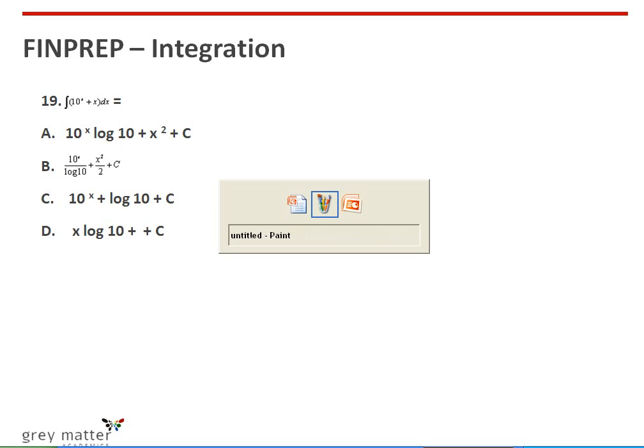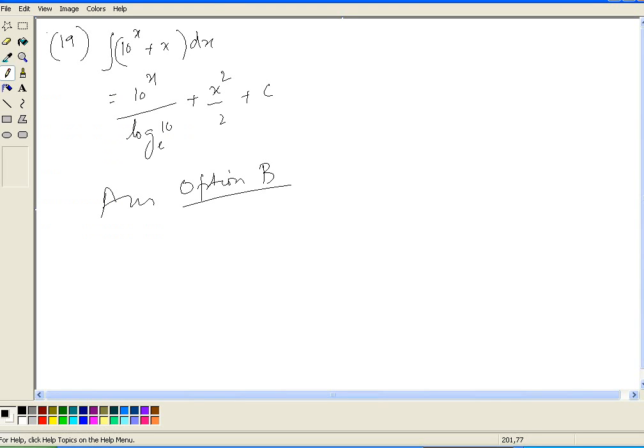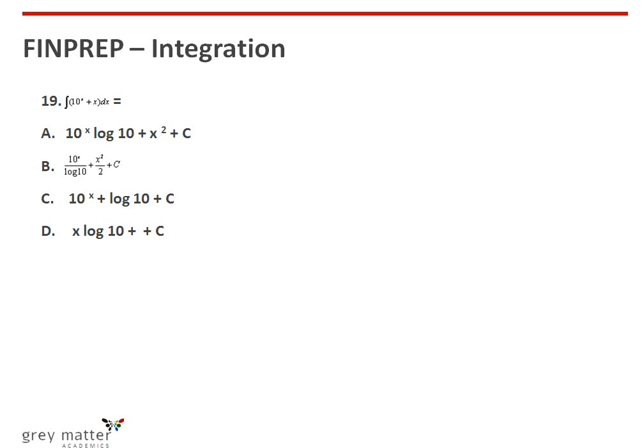Going to the worksheet, integral of 10 power x plus x dx is nothing but 10 power x by log 10 to the base e, plus x, which when integrated gives x squared by 2, and we add a constant c. So the answer is option B. Going to our PowerPoint presentation, it is option B, which is 10 power x by log 10 to the base e plus x squared by 2 plus c constant.